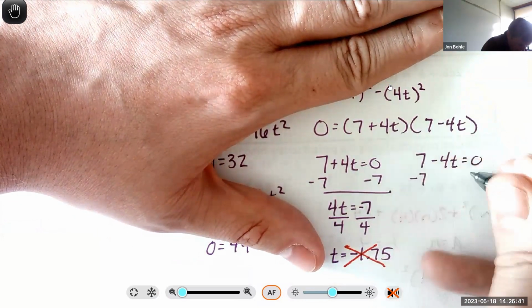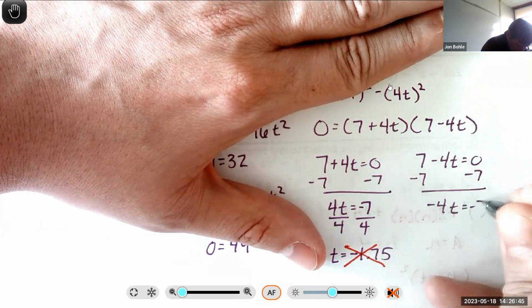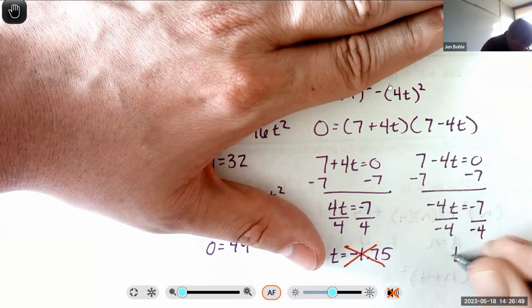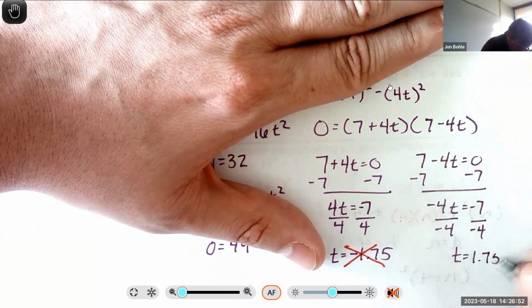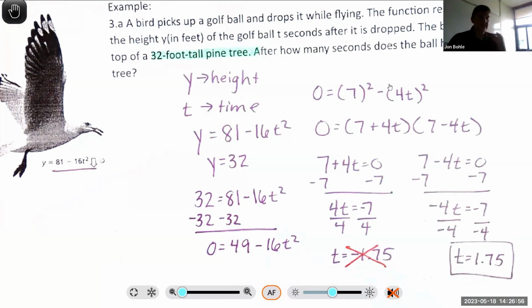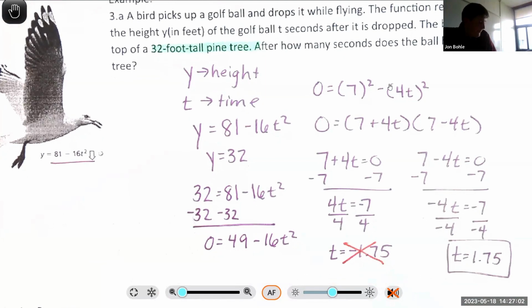Here I would minus 7. Here I get t is equal to positive 1.75. And this makes more sense because it's going to be a positive time. It's not going to take a negative amount of time for something to fall. It's just going to take a positive time. It's always moving forward.